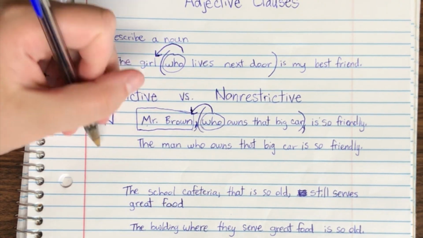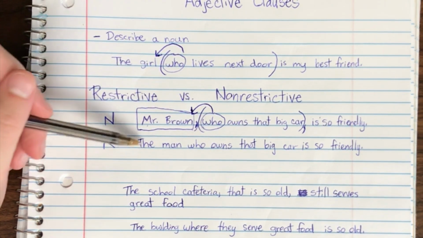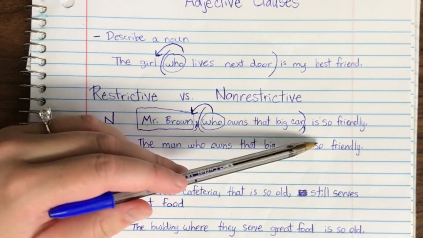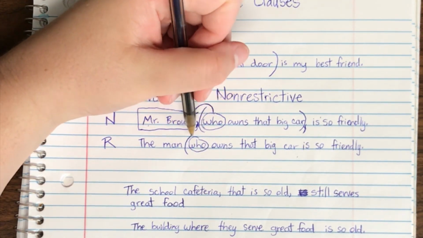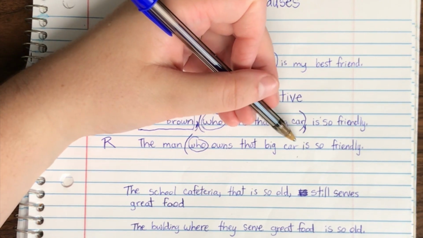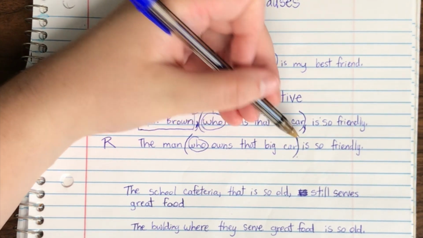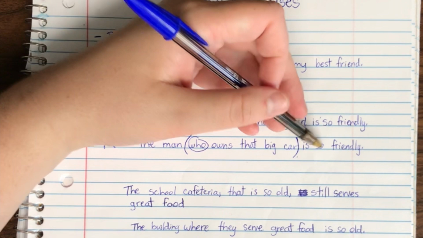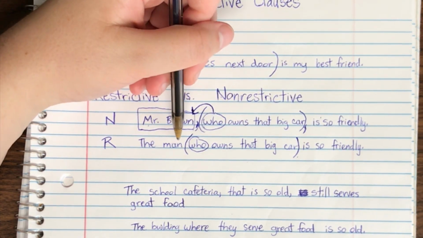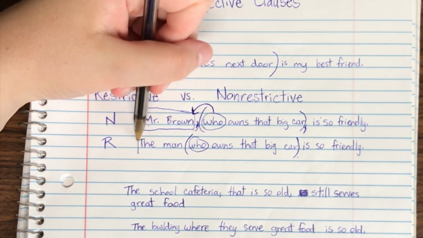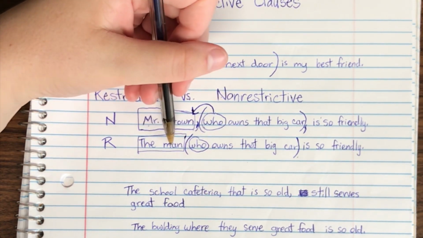So now here's an example of restrictive. The man who owns that big car is so friendly. So we have the same: who is the marker, and the clause is owns that big car. We could take it out and say the man is so friendly. We now don't know who the man is. This could be any random man.